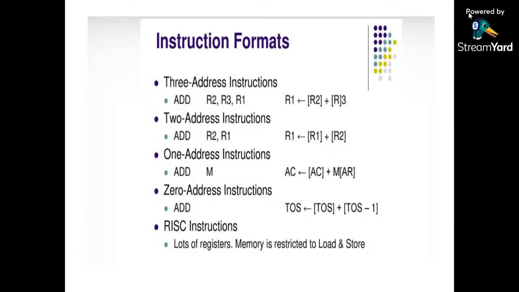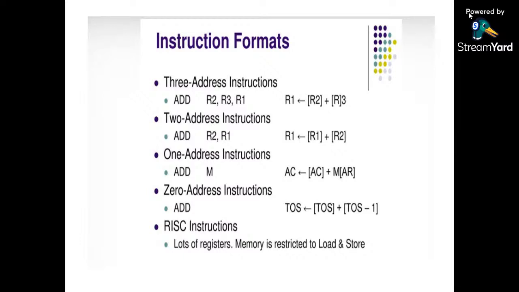If any particular machine allows a maximum of two addresses to be specified in an instruction, then that is called a two address instruction. So here, add r2 comma r1, we have specified two addresses: R1 and R2. In the above example, in the three address instruction, we specified R1, R2, and R3.